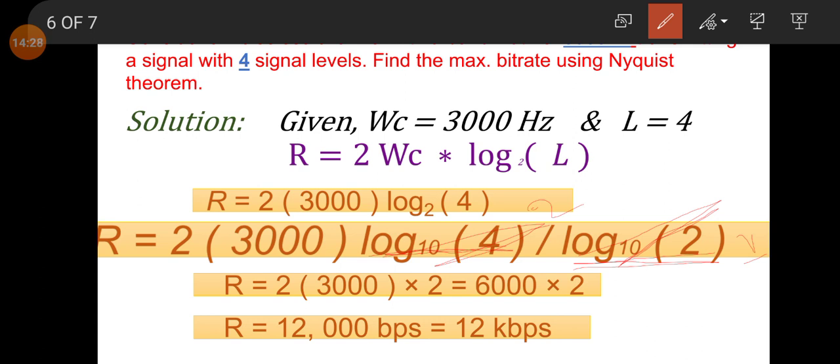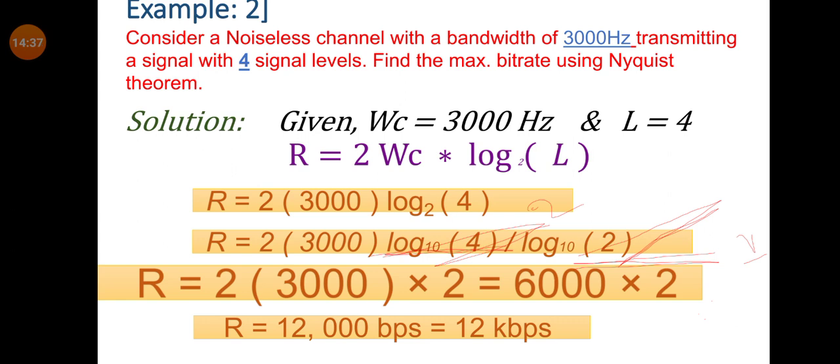Getting it? So here we get the value R is equal to 2 into 3000 into 2. Why 2? Because log 4 divided by log 2 gives 2.